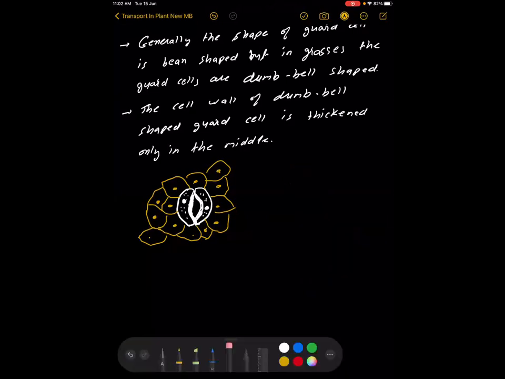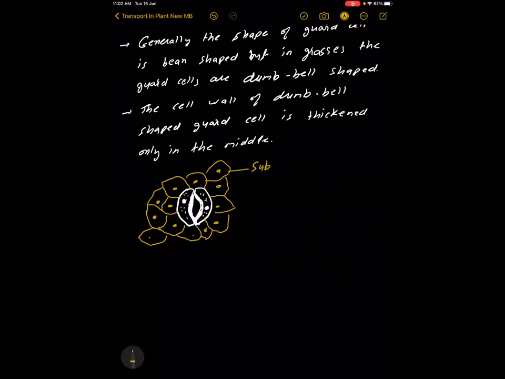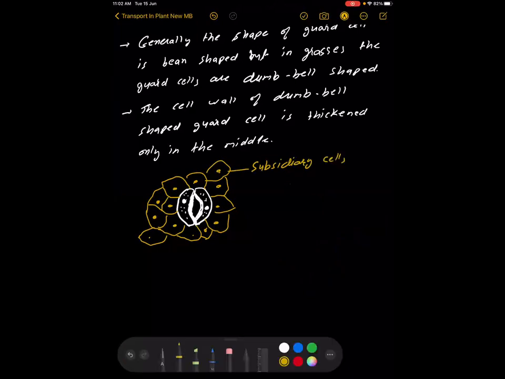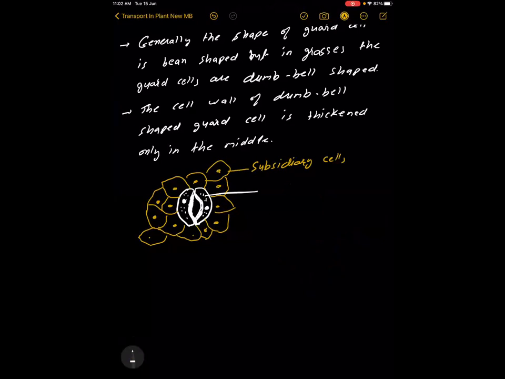So these are subsidiary cells, and these white cells are guard cells. The outer wall is thin.